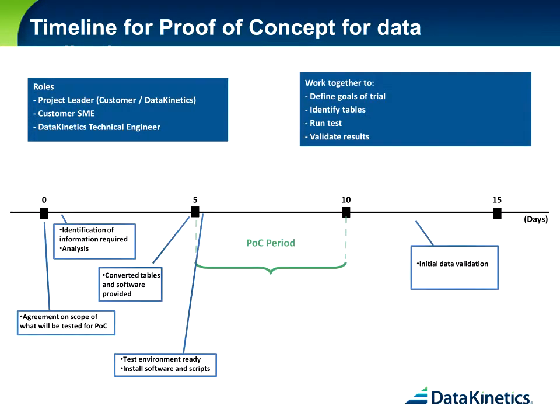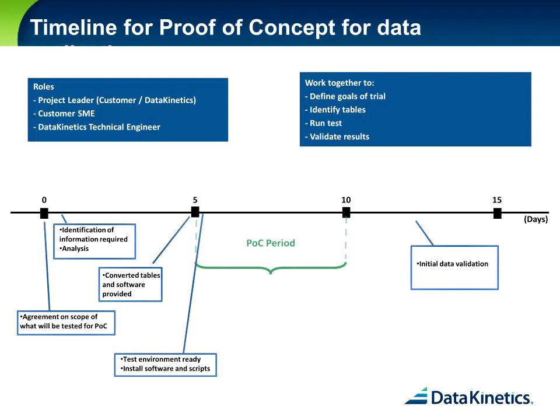So a typical timeline for data replication. So once we've agreed that we're going to try proof of concept for data replication, then the first thing has to be to identify what information is required and do the analysis.